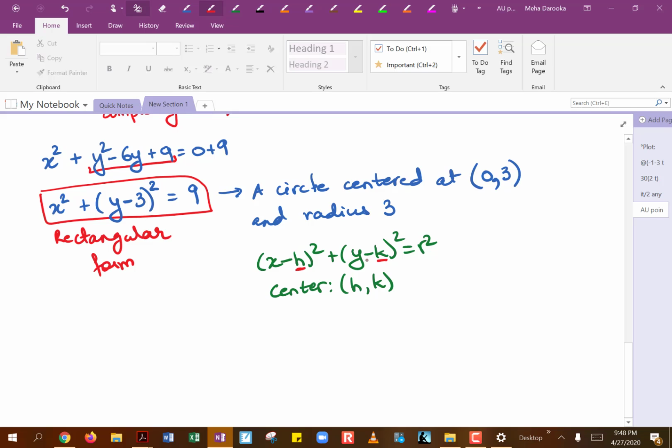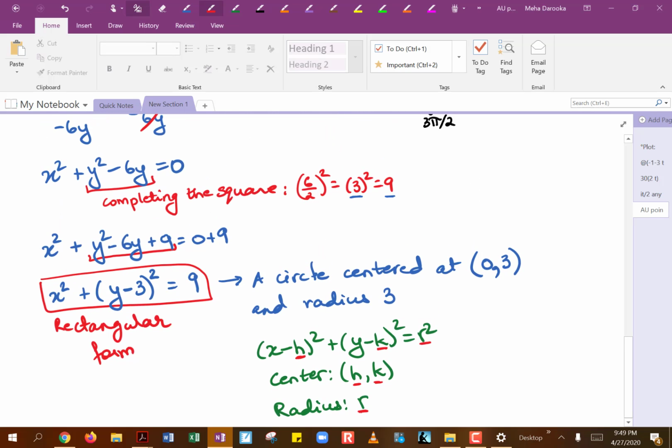So if you have a minus sign here, that means h, k are positive, and then your radius is going to be the square root of the right hand side, so your radius is just the number r. So instead of r squared, you just look at the square root of that value, which gives you the radius. So that's why we took the square root of number 9, which gave you a radius of 3.